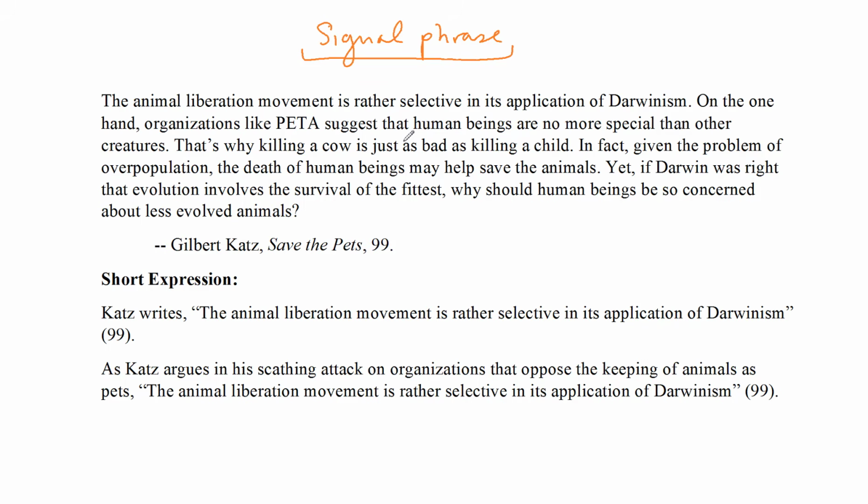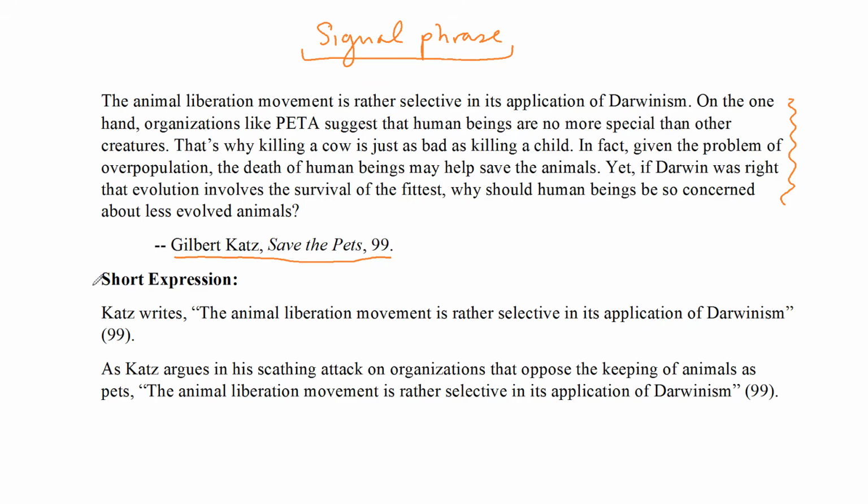So to give some examples of different signal phrases, we've used this rather contentious opinion from a made-up source, Save the Pets by Gilbert Cates, and we're going to look at a number of patterns for how to quote from this passage.